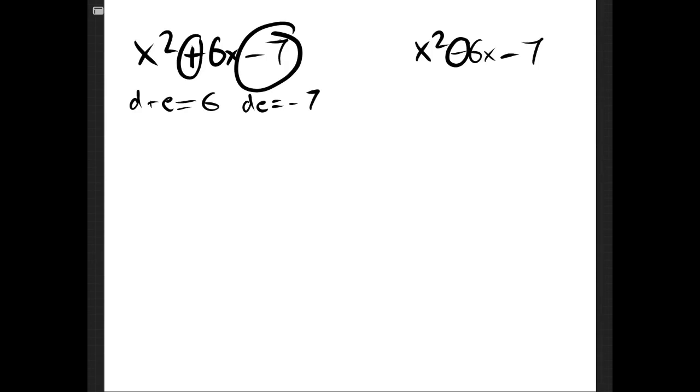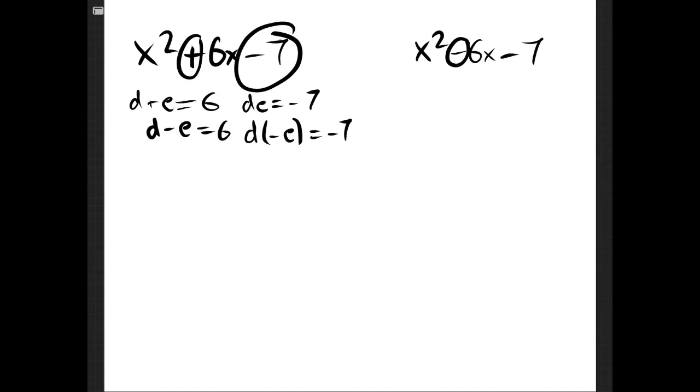So that means that either d or e is negative. And if we don't want to change d or e to negative, we could write this as d minus e equals 6, and d times negative e equals -7. Now that works.